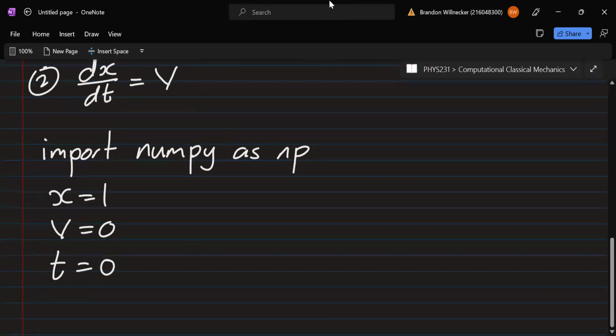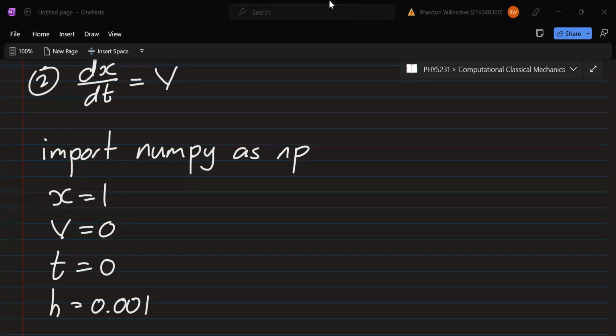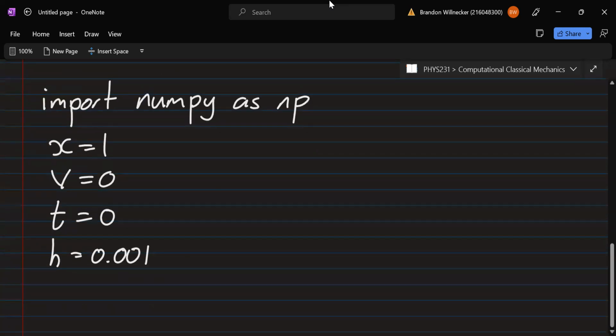We need a time step. So let's say h is 0.001. And let's do this for 5 seconds. Okay, you can mess around with this in your own time. So you can change the final time and see what kind of graphs you get. Okay, but here we're just going to do it for 5.